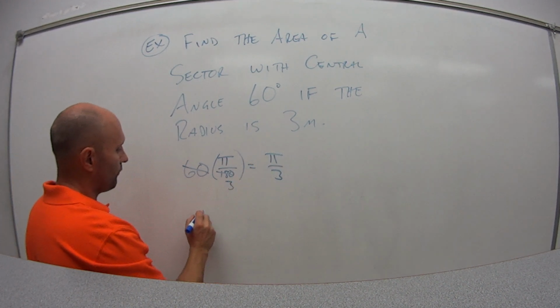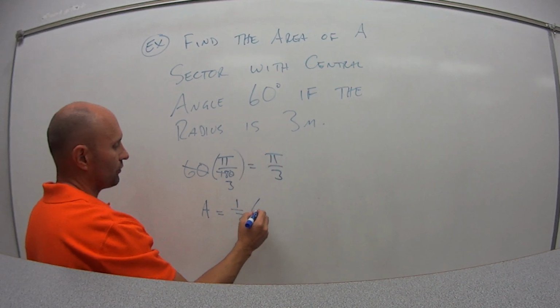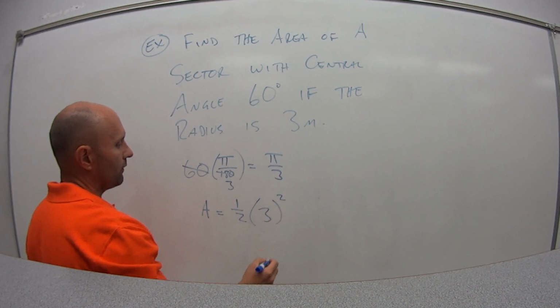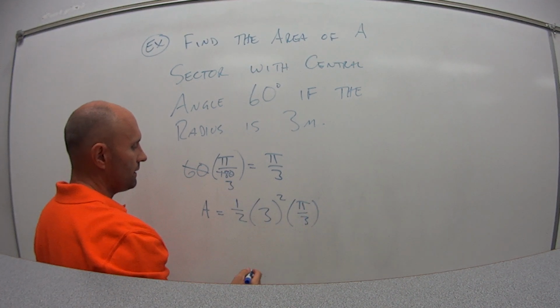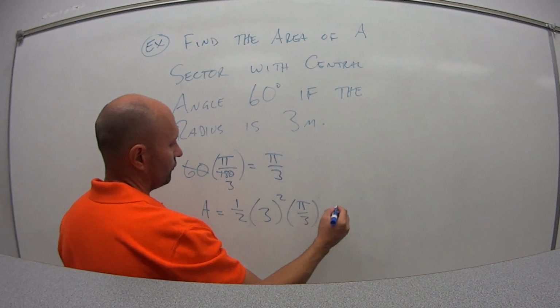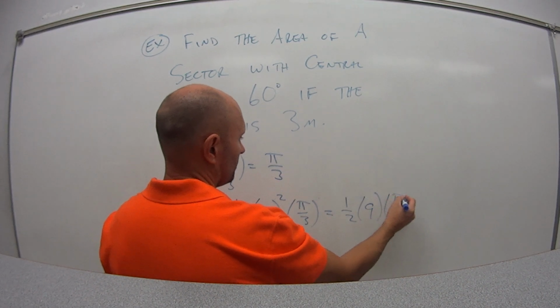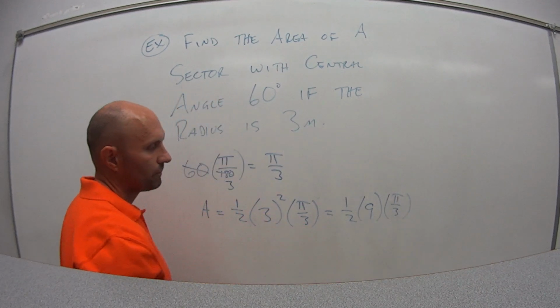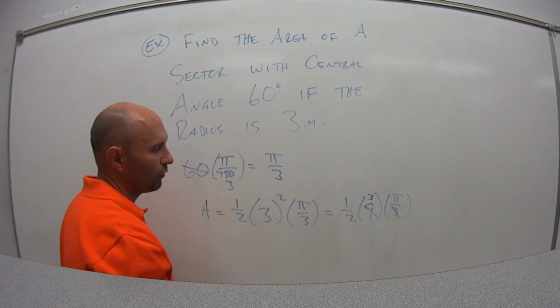Then using that formula, area is 1/2 the radius squared, so 3 squared, times pi over 3. So this is 1/2 times 9 times pi over 3. The 3 cancels with the 9, gives us 3 left over.